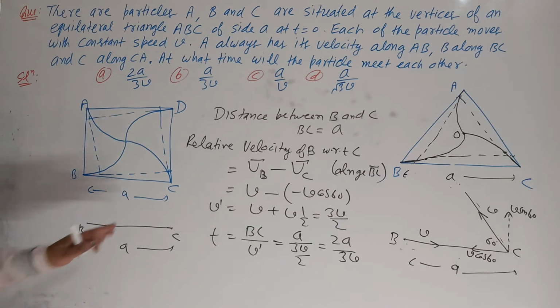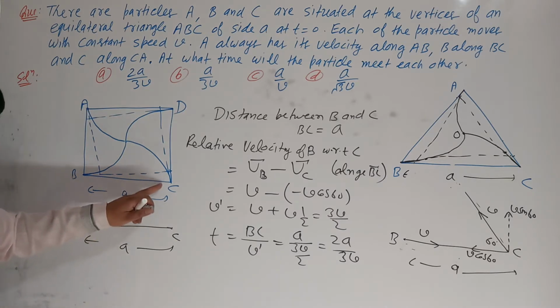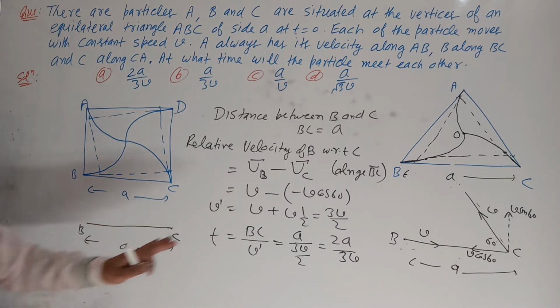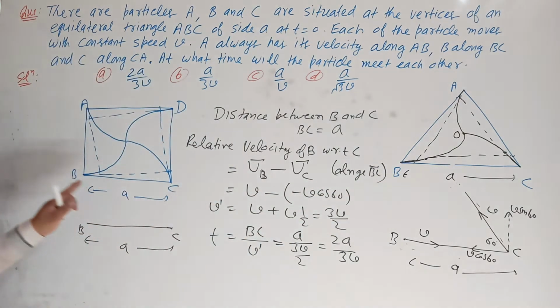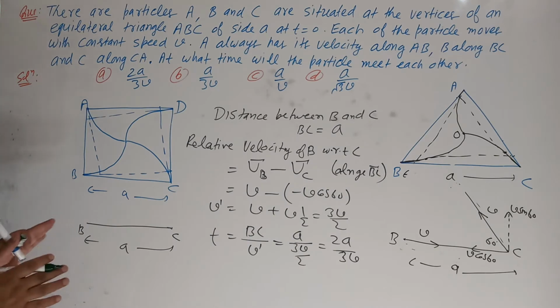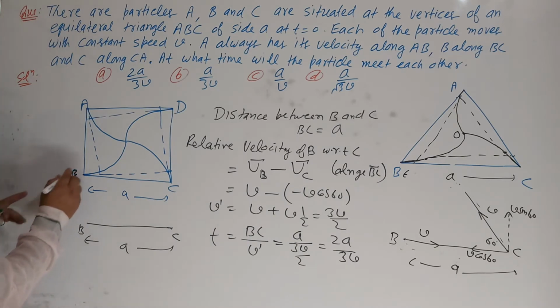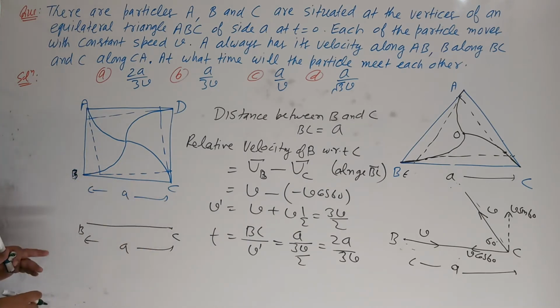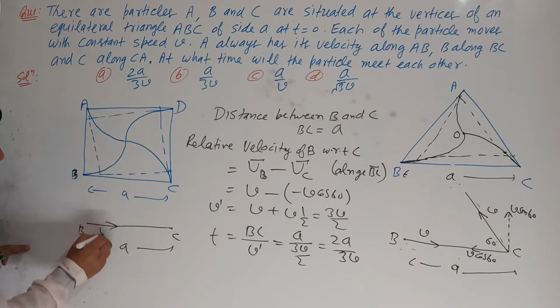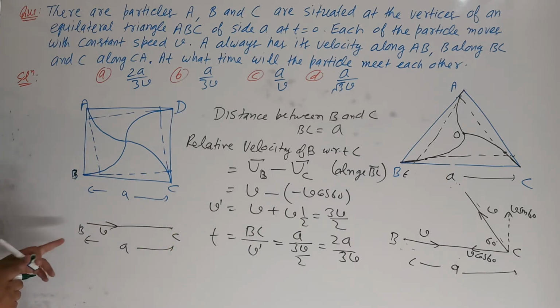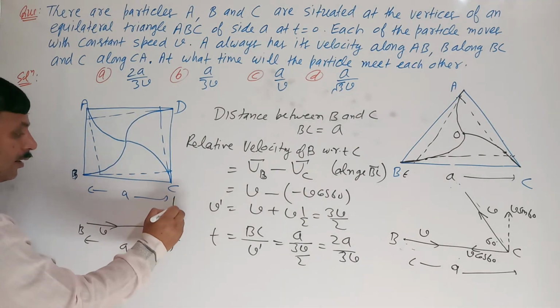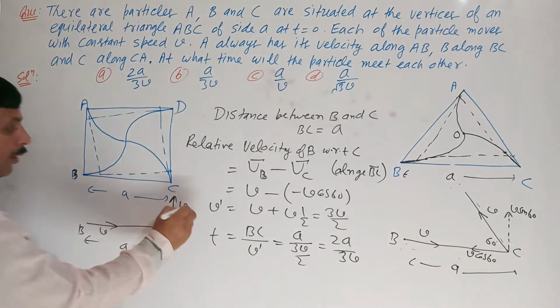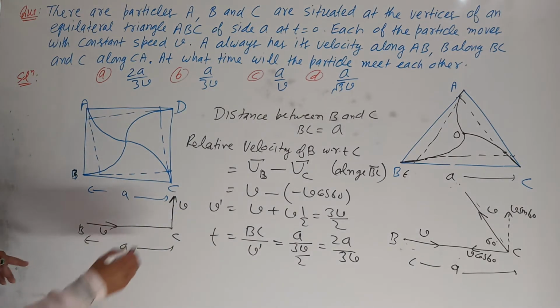If C I have considered, like in the previous problem, where we considered C as stationary with respect to B, then what will be the relative velocity of B along BC? Distance is A. So this has velocity V and C has perpendicular. This is perpendicular. So what will be the angle?